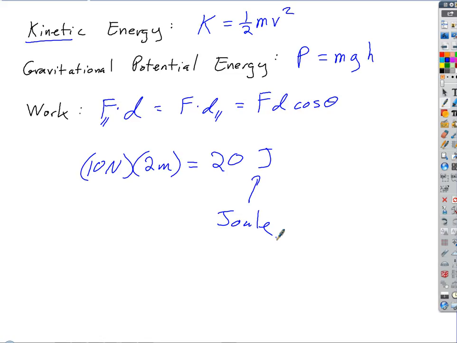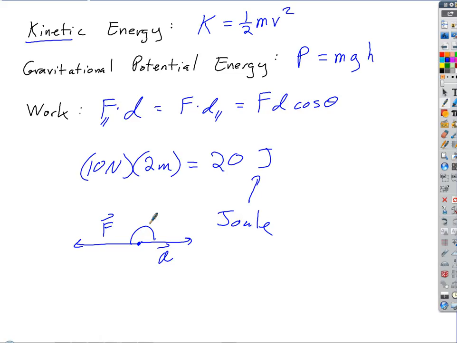In terms of theta, what would that look like? There's the force vector, there's the displacement vector. What's the angle between the two? 180. Everybody see that? So that's force, that's displacement, and the angle between them is 180. What's the cosine of 180?